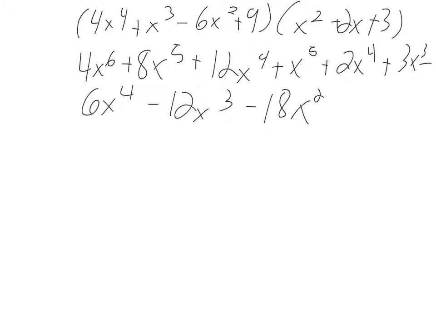And now we've hit the end of the stretch of the foiling, so let's finish. We're going to have 9x squared, 18x, and finally 27, because remember, we're going to multiply the 9 into each term on the other polynomial.